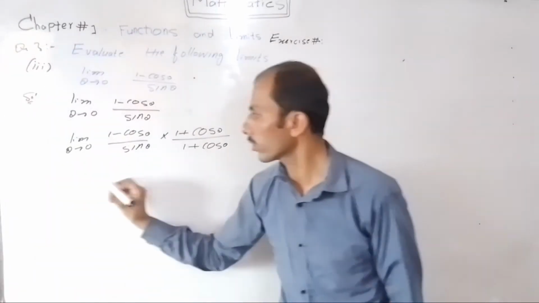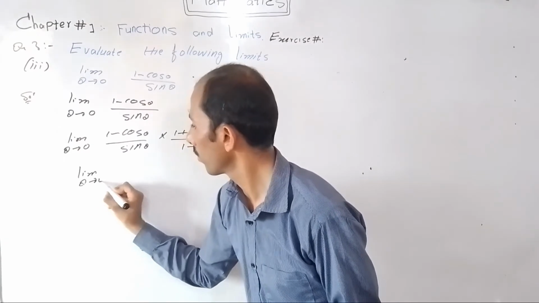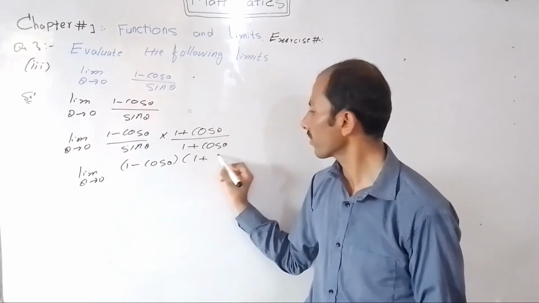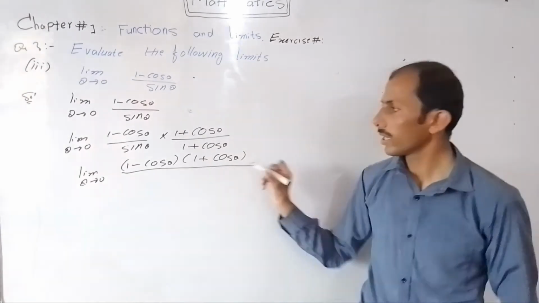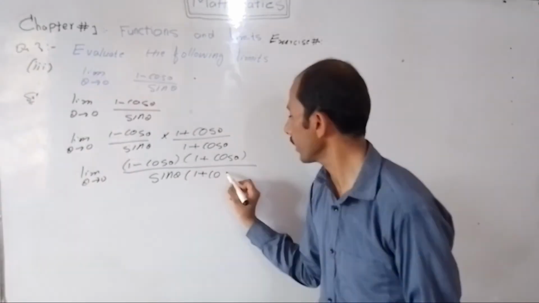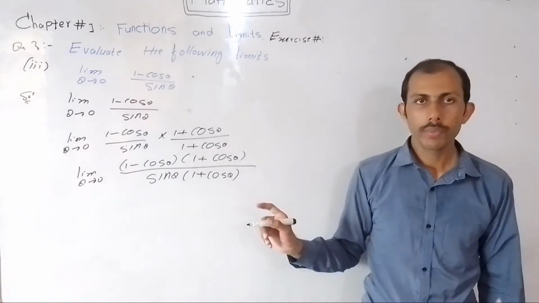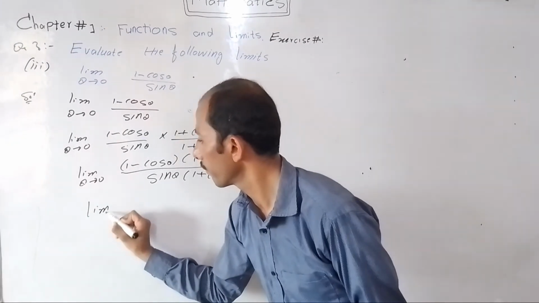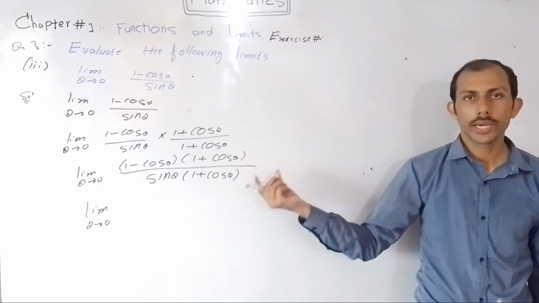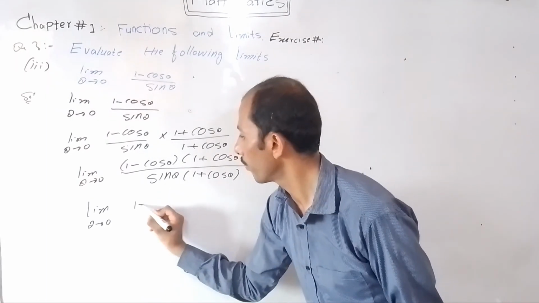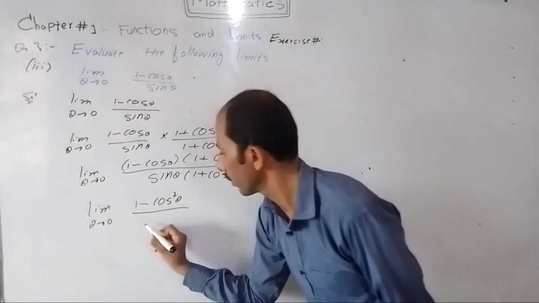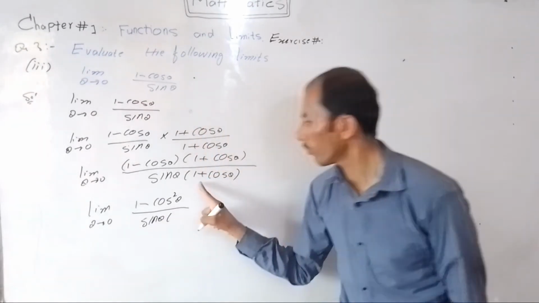So limit theta approaches to 0 of 1 minus cos theta into 1 plus cos theta, whole divided by sin theta into 1 plus cos theta. 1 minus cos theta into 1 plus cos theta can also be written in the form of 1 squared minus cos squared theta, divided by sin theta into 1 plus cos theta.